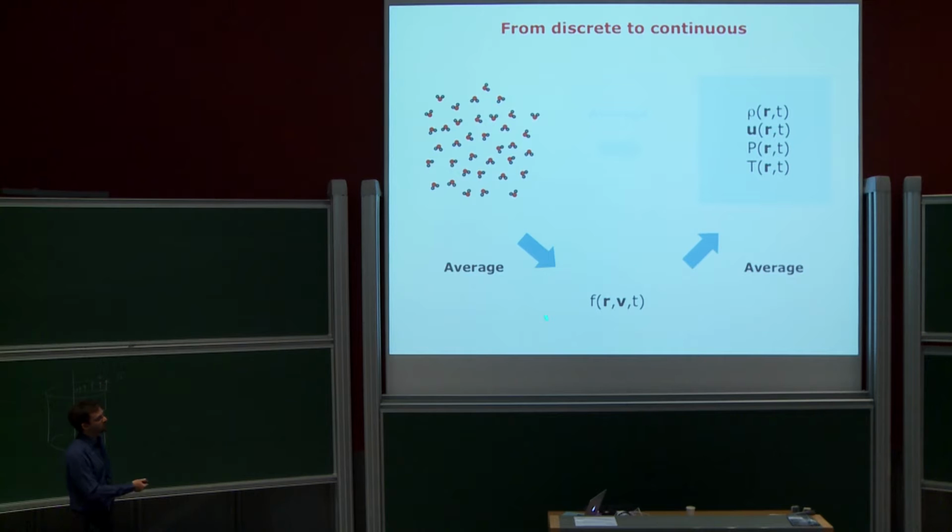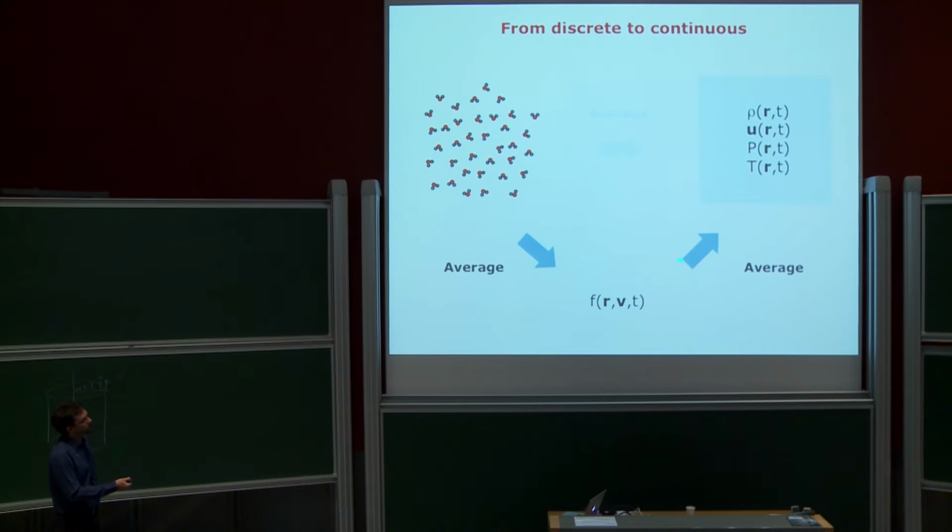You can even, in fact, introduce a family of probability distributions where you keep track of two particles, so at two different positions and at a given time. But for what I'm going to describe today, you can simply focus on that single particle density.